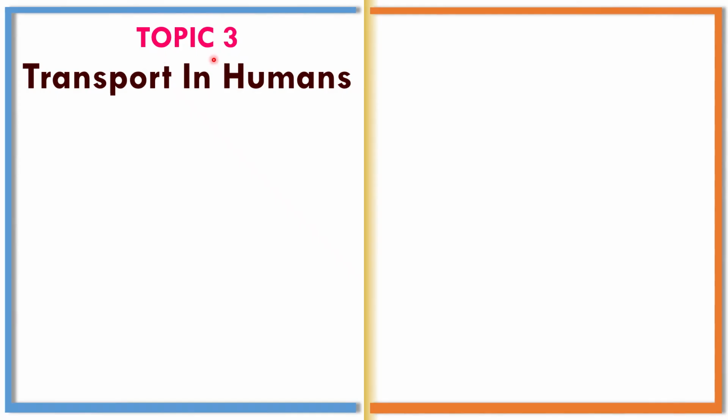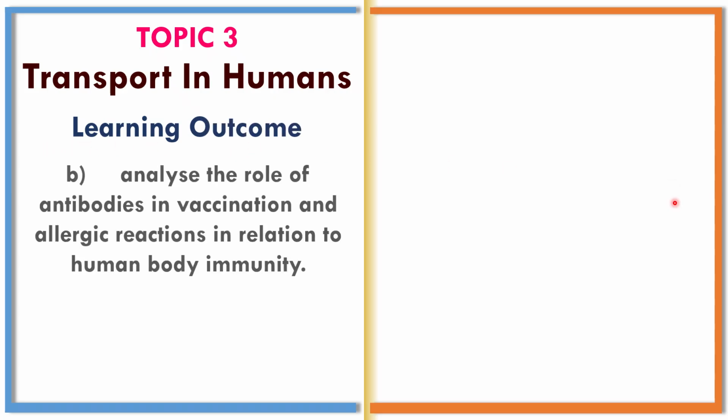Welcome to topic 3, transporting humans. We are going to look at learning outcome B: analyze the role of antibodies in vaccination and allergic reactions in relation to human body immunity.